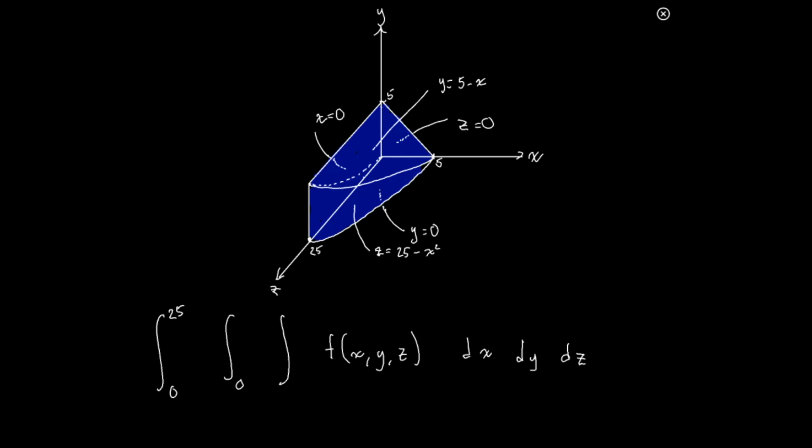Well, we know that this shadow must be parabolic. This is a shadow of a kind of tilted parabola here, and we know that the parabola intersects here and down here.